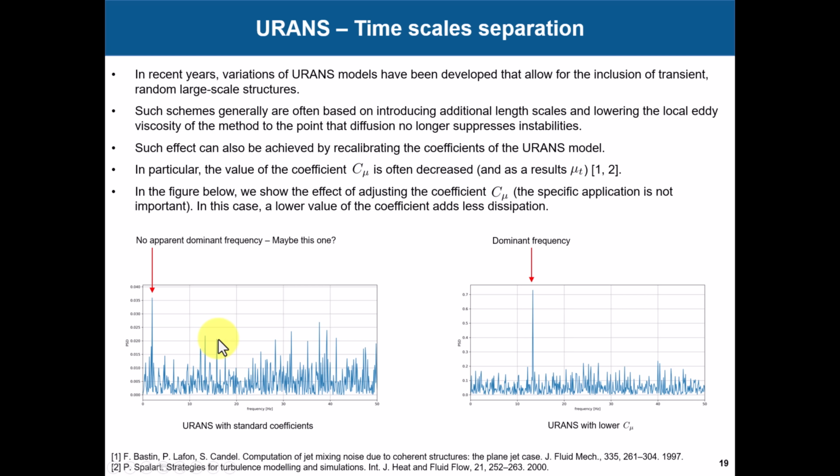Even if you have some unsteadiness, you are going to miss some important frequency. Then by adjusting the coefficient, in this case C mu, look, now we are capturing a frequency, maybe the dominant, I don't know. But just to mention that you can also control that behavior by adjusting a coefficient. And we saw in the previous lecture that can be done. In this particular case, I decrease C mu.